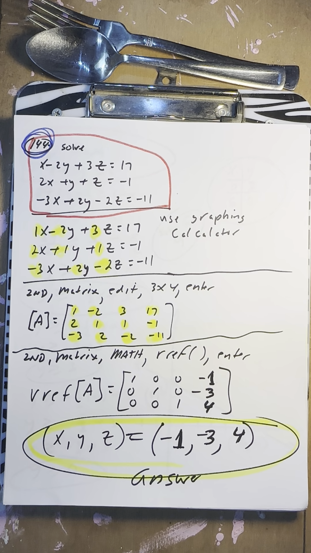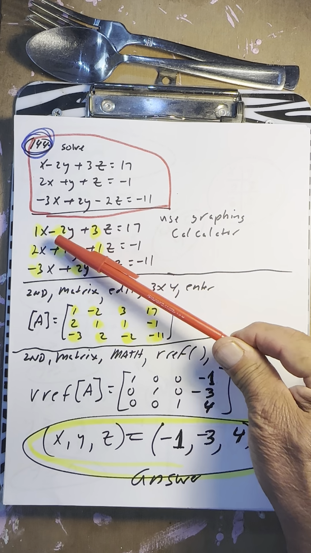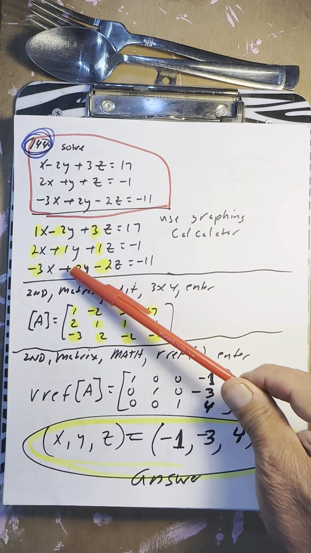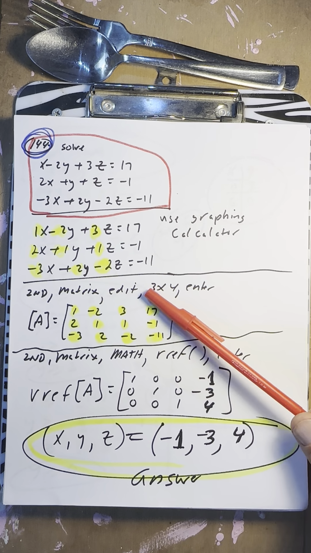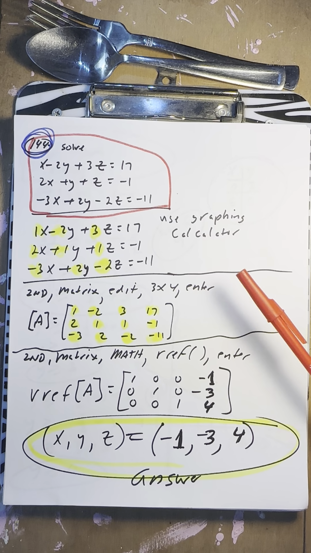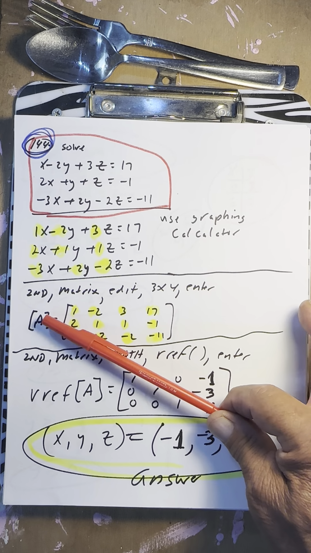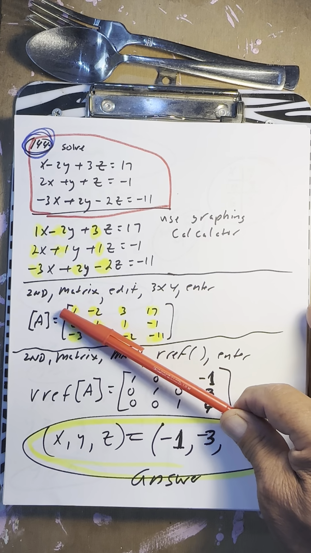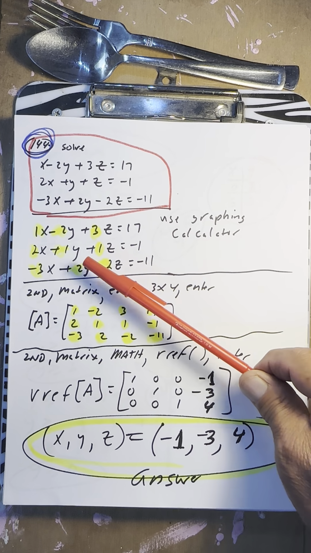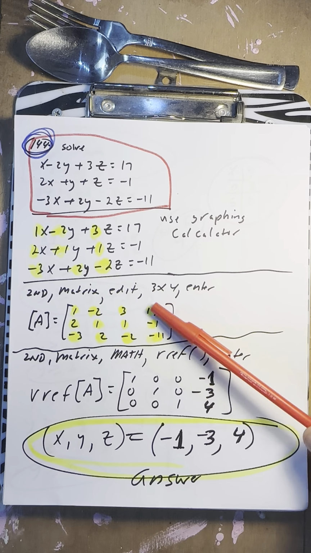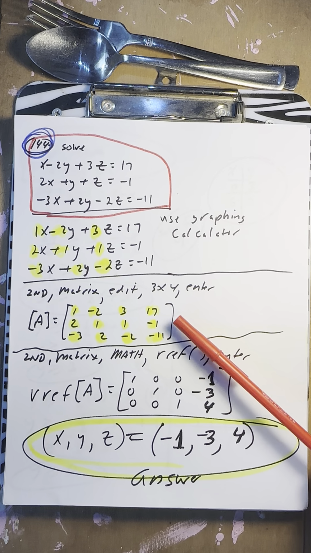XYZ, XYZ. Use a graphing calculator. So there's the numbers. I'm going to put the second matrix, edit, 3 by 4, enter. Do the matrix function on your machine. Once I do that, I'm going to put these numbers in for the matrix A. All these numbers from right here. Once you have them in there, you know they're right.